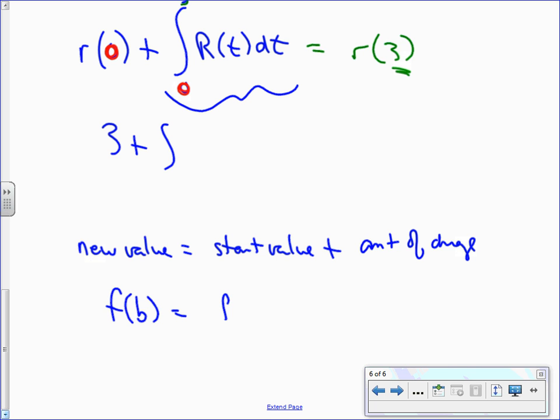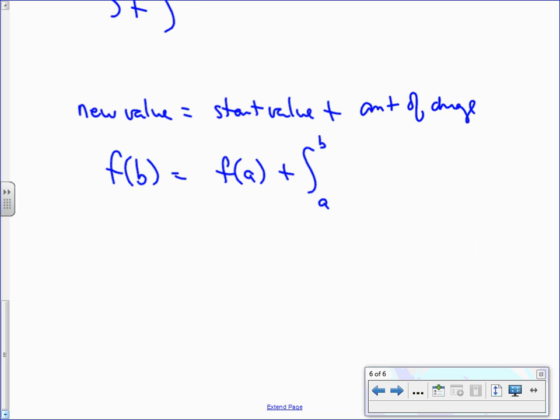F of b equals F of a plus the integral from a to b. And here's the key. Here's a place that people mess up. I don't put F right here. This whole thing has to have the same units as F, and so what has to go here is F prime. Okay, whatever variables are being used in that particular problem. Okay? All right, next thing. So that is it.